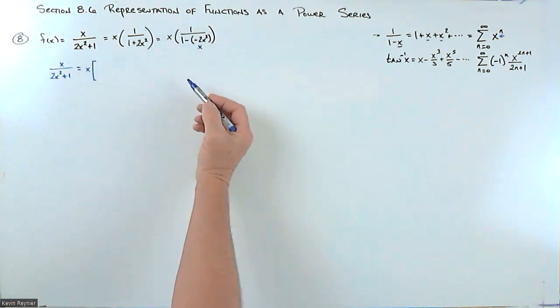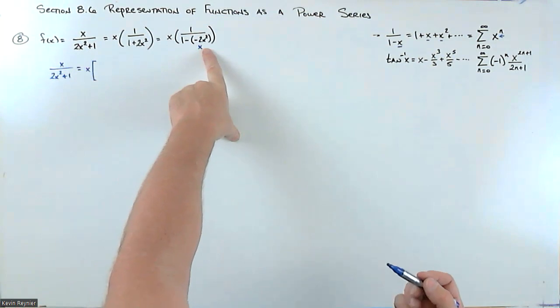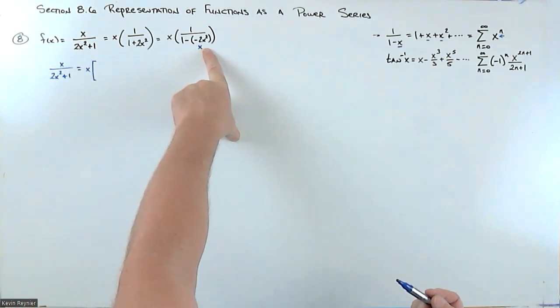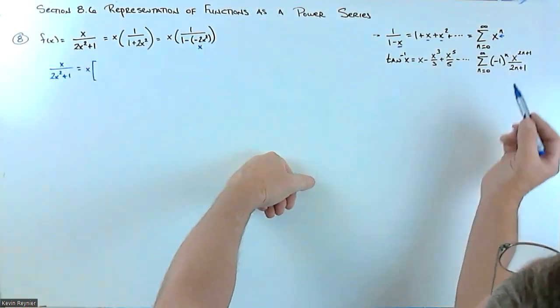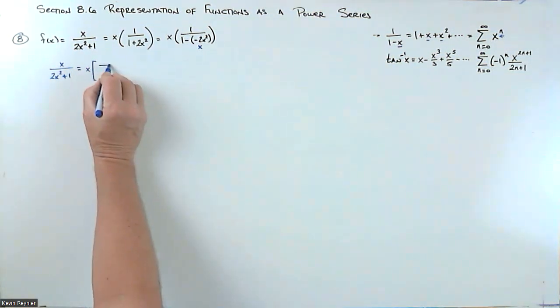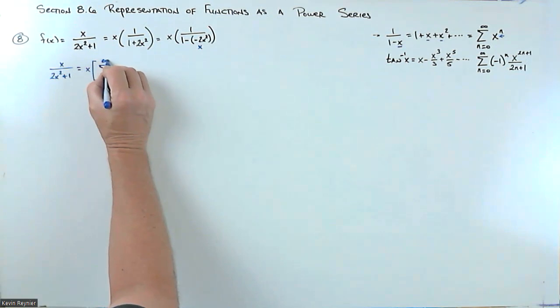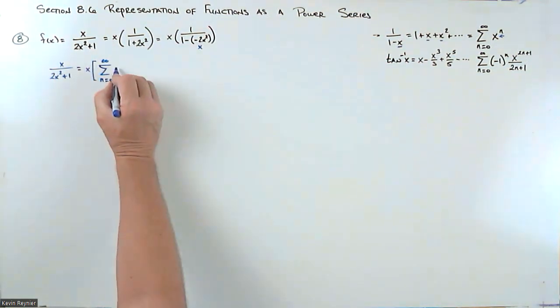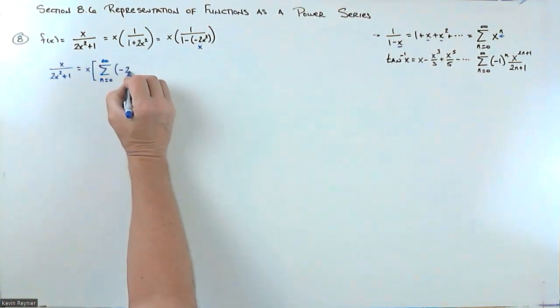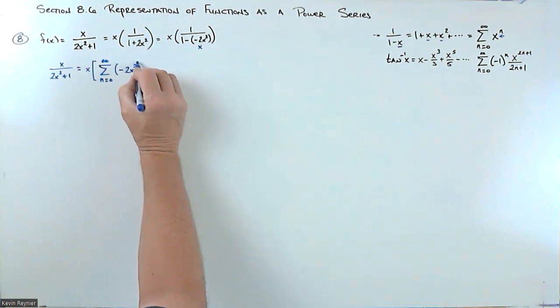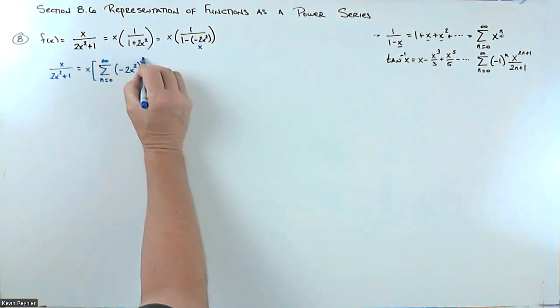Now, what is this? Well, this is our x. Our x is minus 2x squared. So we're going to put that right here in place of this x. So we're going to get sigma n equals 0 to infinity, and instead of x to the n, we're going to get negative 2x squared to the n.